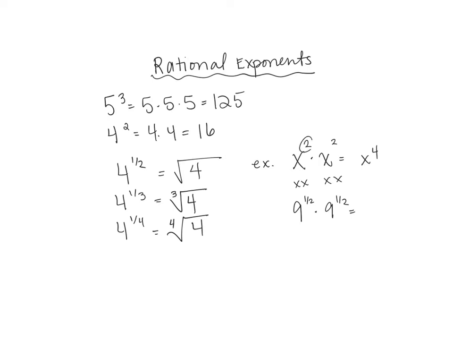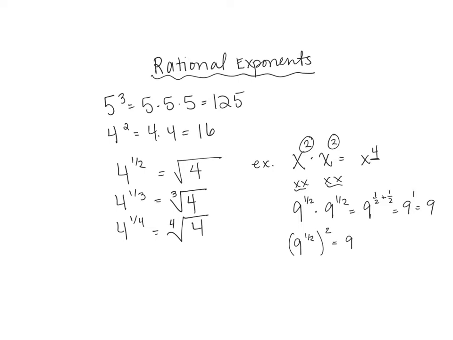You can see up above that these exponents basically add together. So we have 9 to the 1/2 plus 1/2 power, which would be 9 to the 1, which equals 9. So 9 to the 1/2 power times itself, or squared, gives you 9.